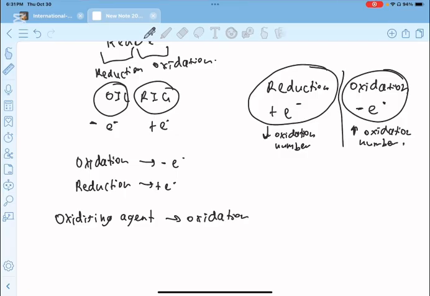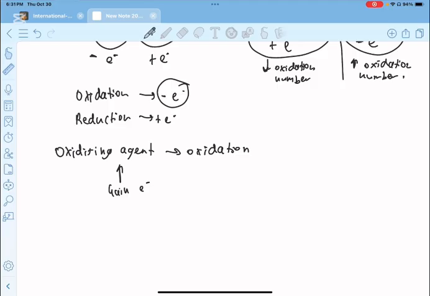So it will cause something to lose electrons, right? That basically means that it will take electrons from a species in order to oxidize that species. So what we can tell about an oxidizing agent is that it will gain electrons, okay?